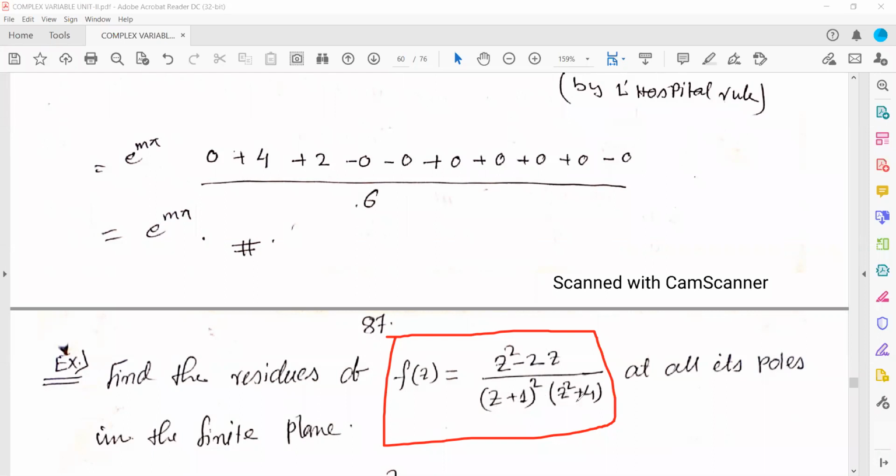What are the poles available here in this function? Are you all sleeping? What are the poles and what are their orders for this function f z?